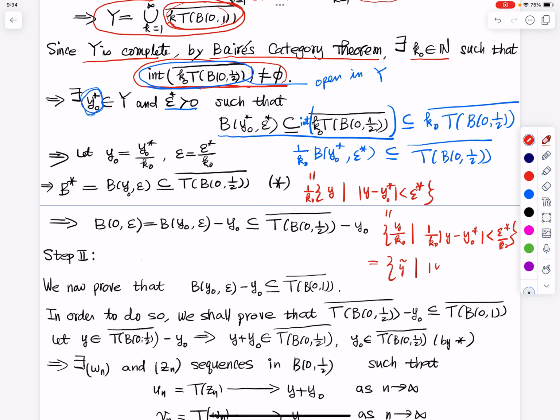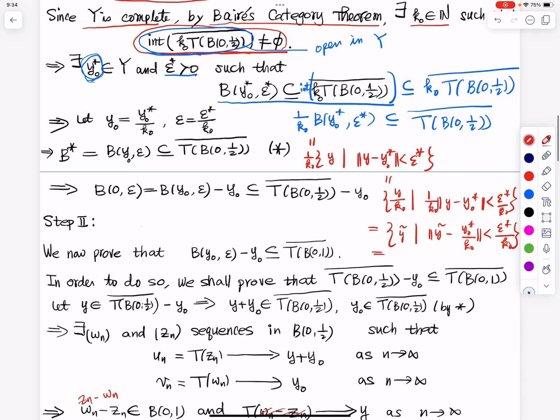Then you have the norm, not absolute value, of y tilde minus y0 star divided by k0, which is less than epsilon star over k0. So this is the same set. So I put y0 equals y0 star divided by k0, and epsilon equals epsilon star divided by k0. So this is what I have.